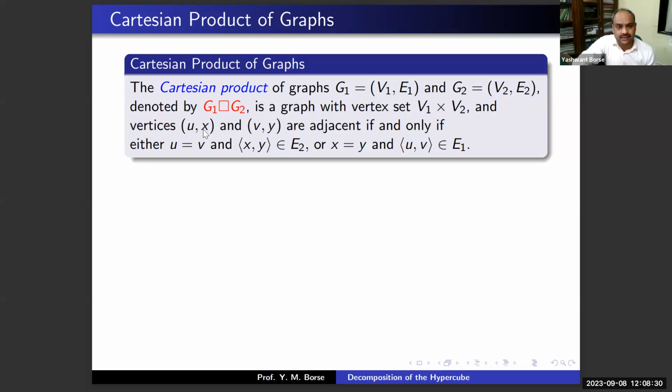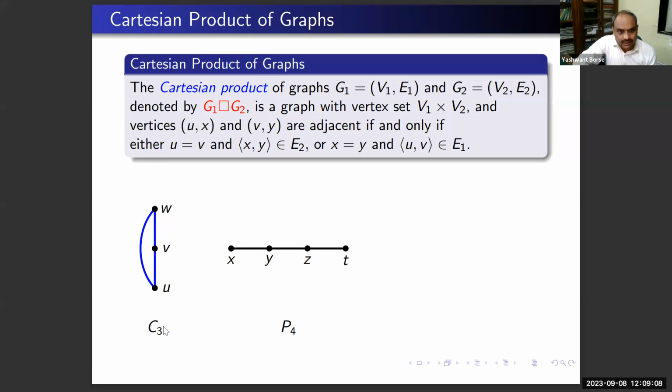And 2 vertices (u, x) and (v, y) are adjacent in the product if and only if u equals v, meaning the first coordinates are equal, and x and y form an edge in E2, or the second coordinates are equal, that is x equals y, and u and v are adjacent in E1. With the help of a figure, we can understand it easily.